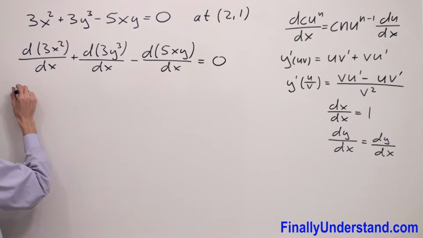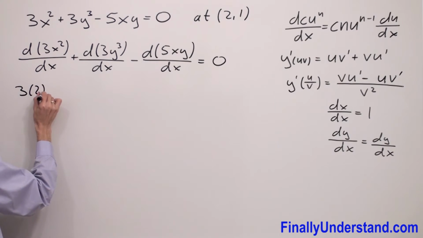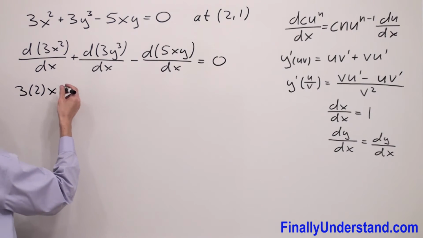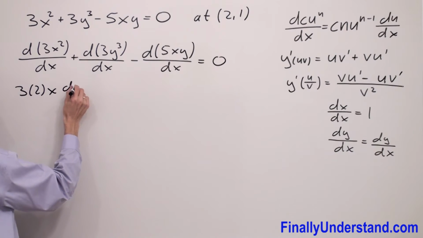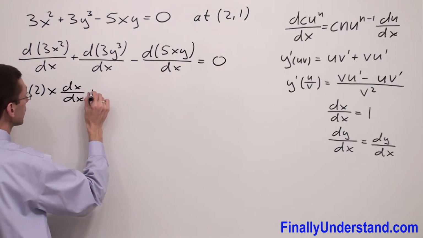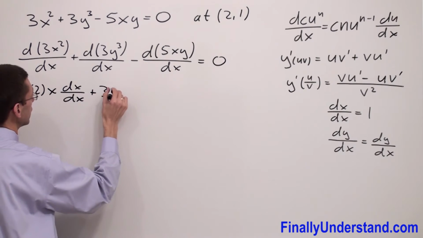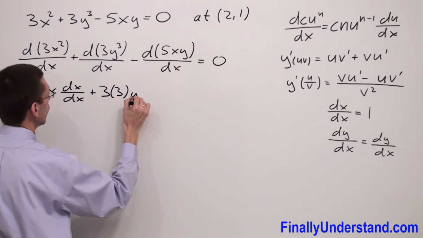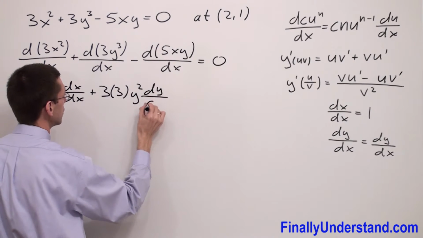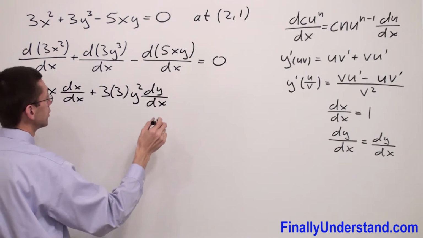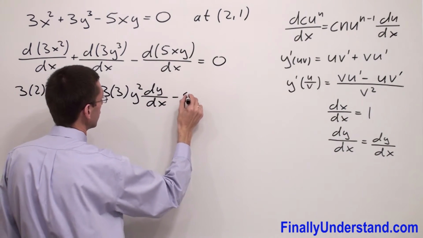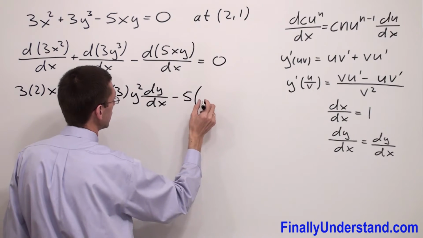So I have 3 times 2x, 2 minus 1 is equal to 1, I'm not going to write it, and I have dx over dx, plus 3 times 3y to the second power dy over dx, minus, now I have 5, open parenthesis.